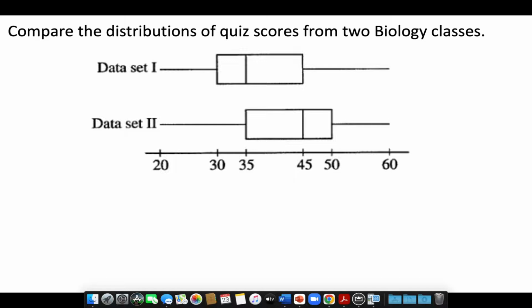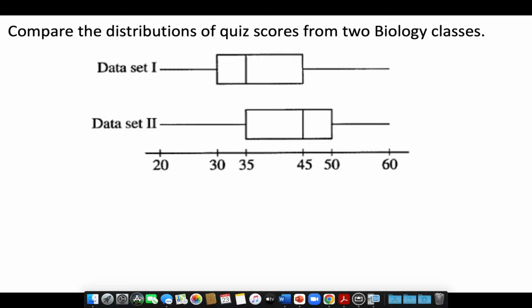So they're the same, but they're not exactly the same. What's the difference in their IQR? Where the placement of the box is, right? The box is a little bit higher for data set 2 than data set 1. They're exactly the same distance apart, but one is a little bit higher.